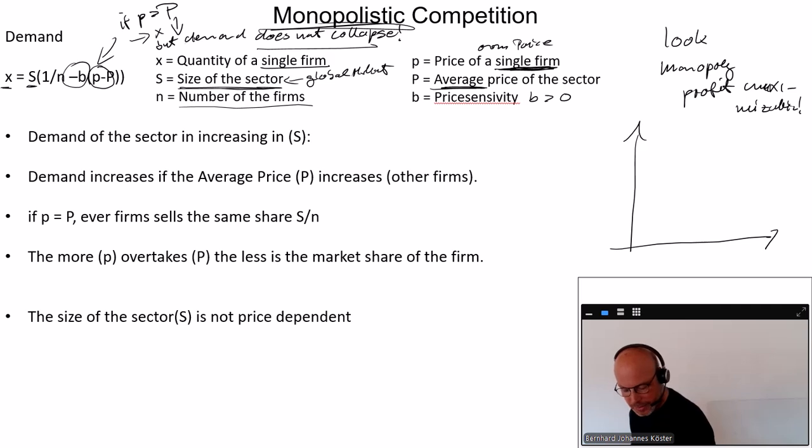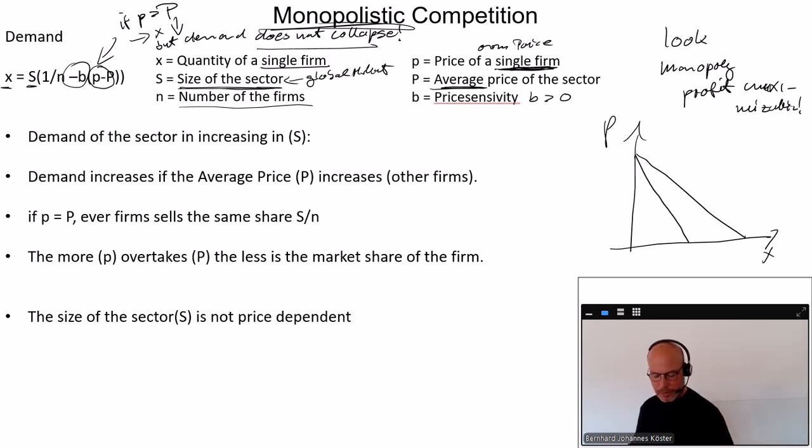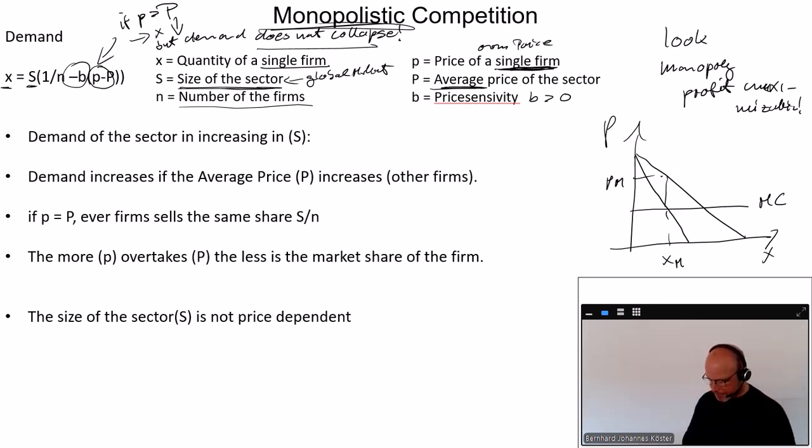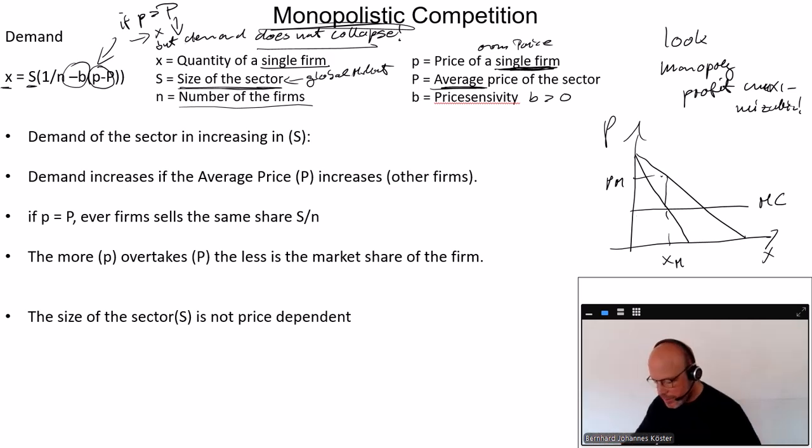Remember then please this, you had the demand, you had the marginal revenue, and if we have constant marginal costs, then this was your monopolistic output and this your monopoly price. So just have a look for this tomorrow because then you will easily understand what I'm doing.